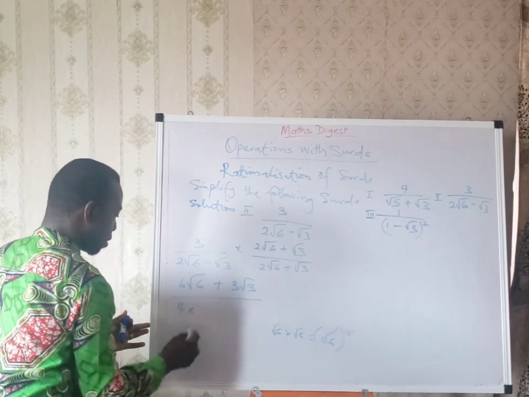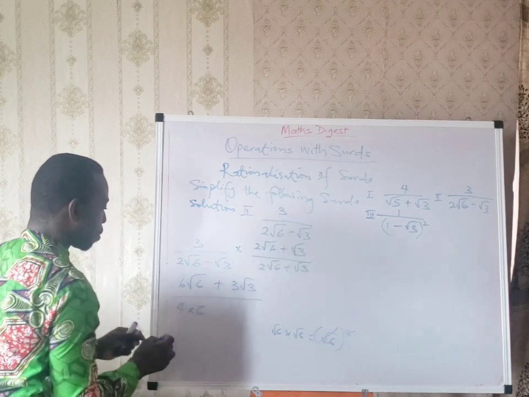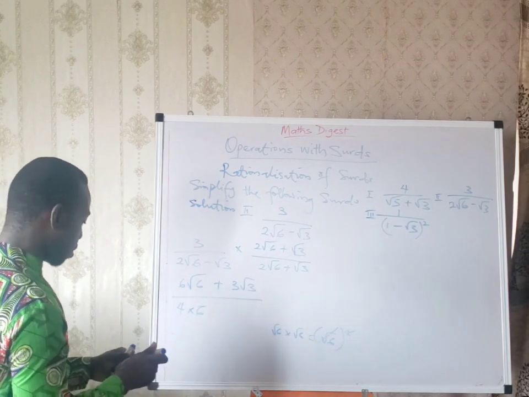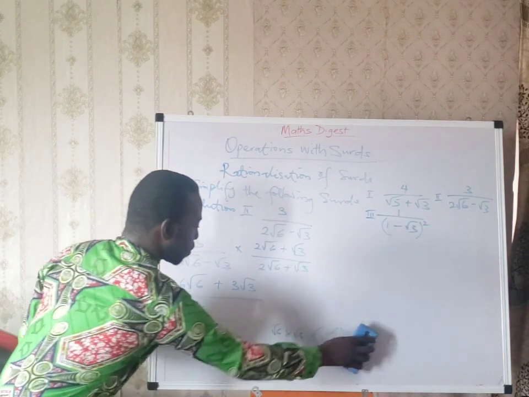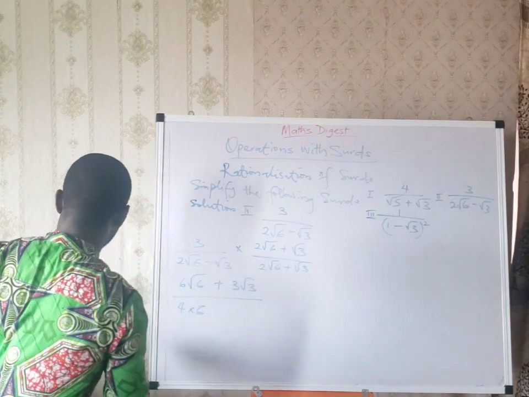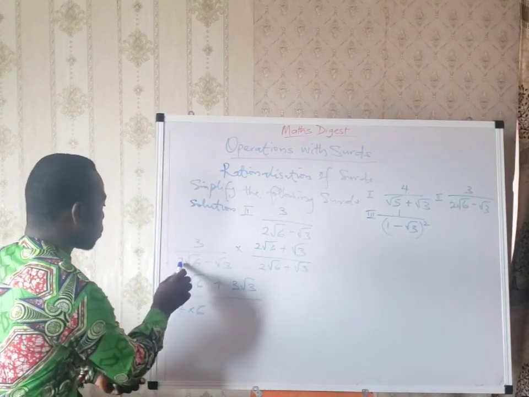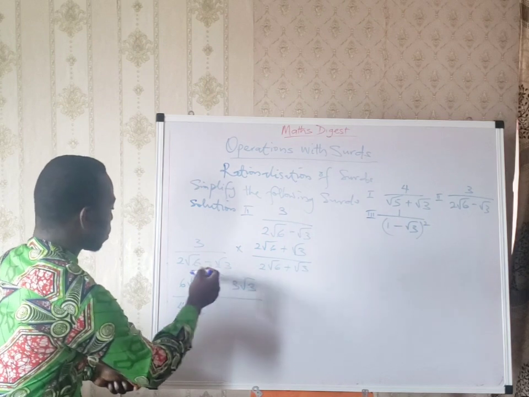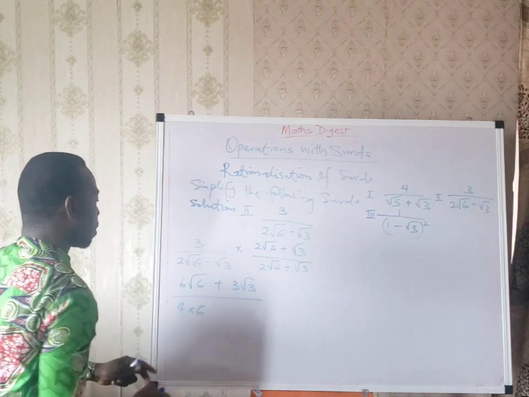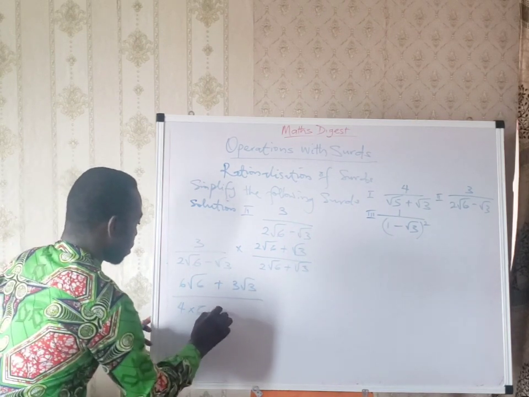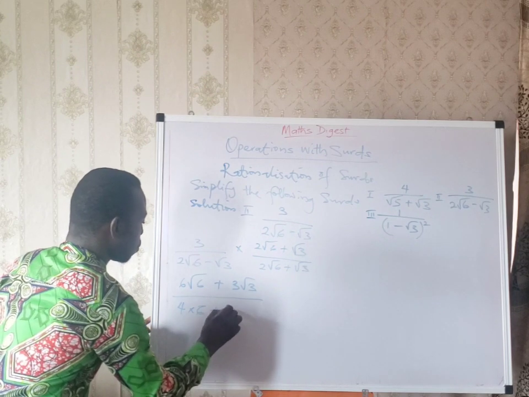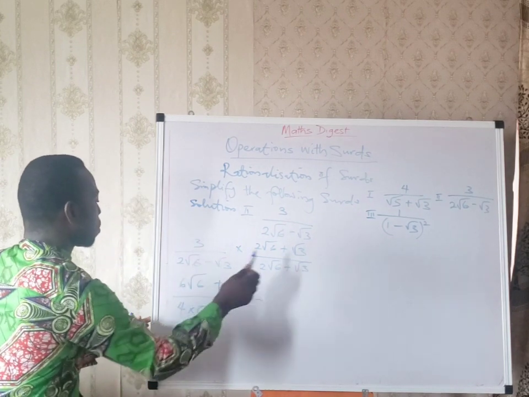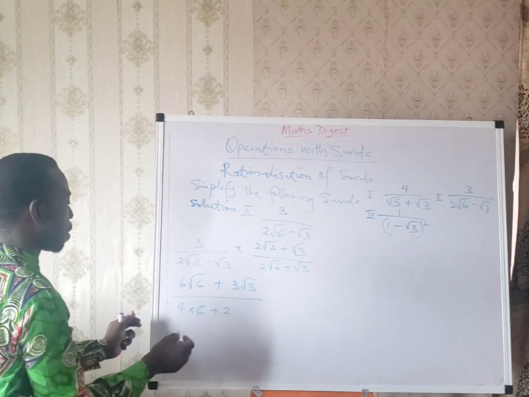You are left with 6. So 2 times root 6 times root 6 is 6. Now coming to this, we also say 2 times 1. Here you still have plus 2.